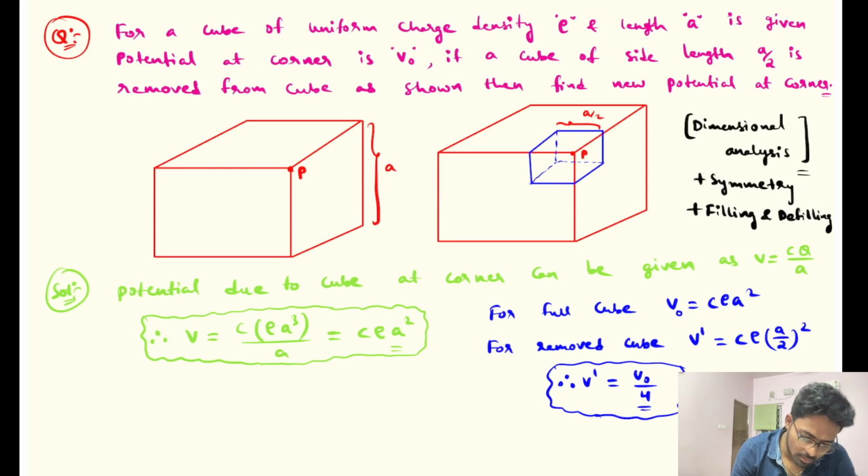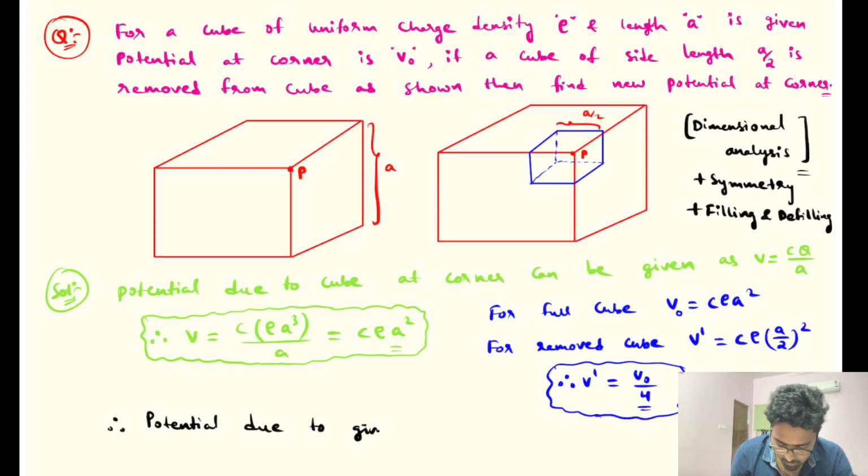Therefore, the final result is the potential due to the given situation, as I said, by using the superposition theorem. First we have filled it, and we find the potential due to the entire thing minus the potential due to the removed part.